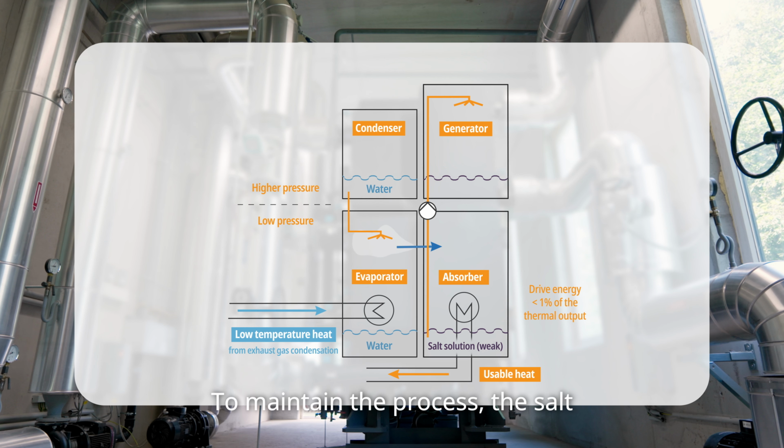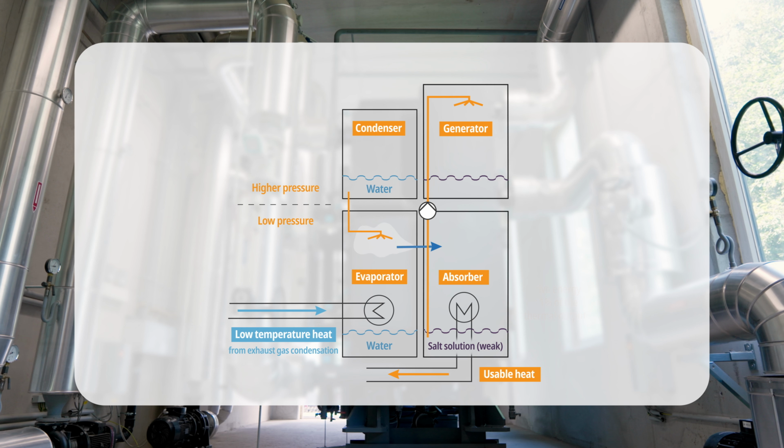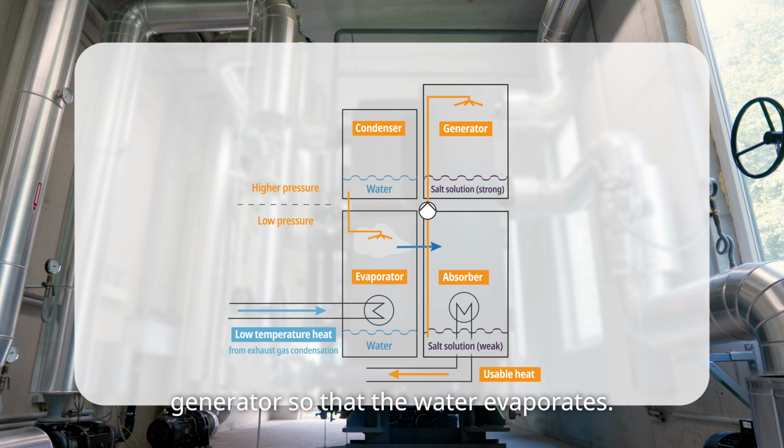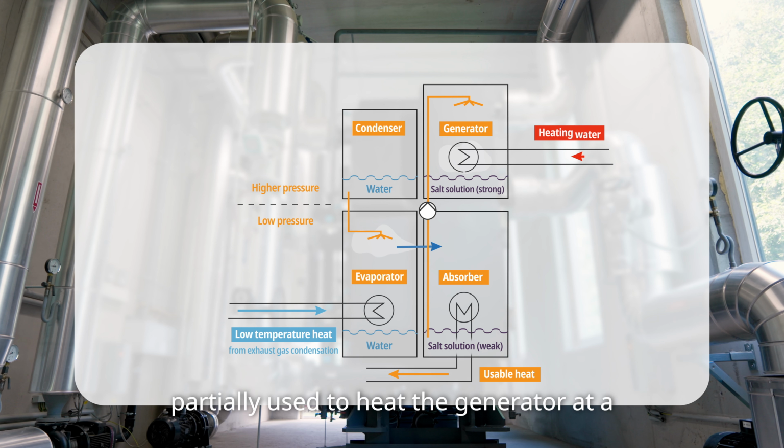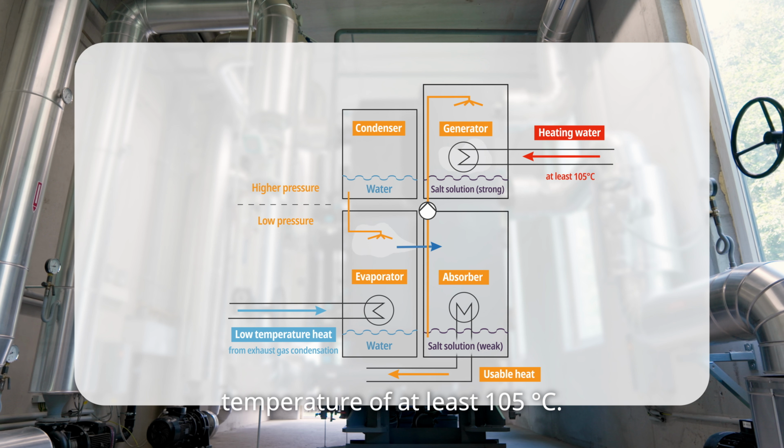To maintain the process, the salt solution must be concentrated again. To do this, it is boiled in the generator so that the water evaporates. The supply flow from the biomass boiler is partially used to heat the generator at a temperature of at least 105 degrees Celsius.